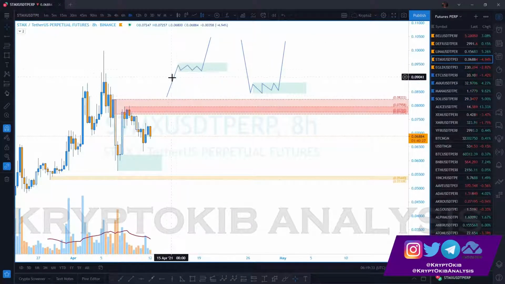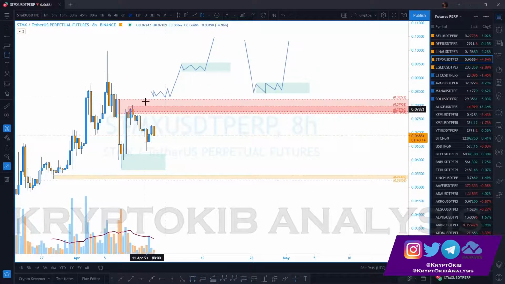For this previous rally, we also have a basing like this, so that basing will also be a demand zone. But we are currently not looking at this particular basing, which is what we have here. And for there to be a base here, there should be a drop.